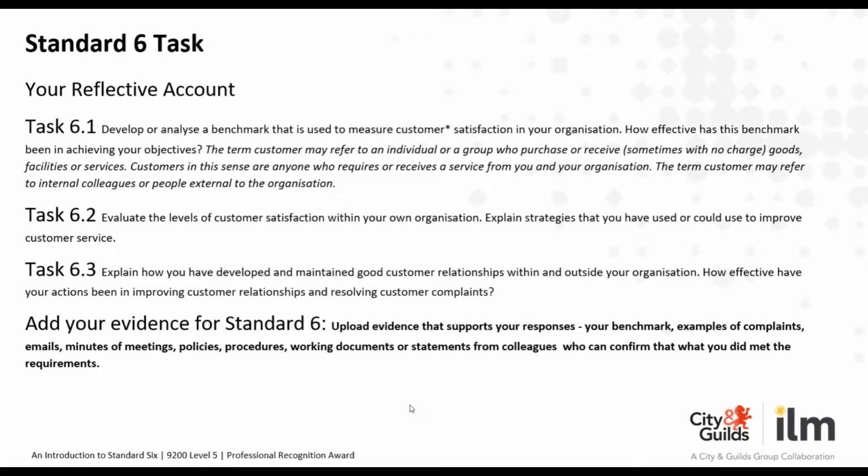It just depends on the kinds of customer complaints you may have had to deal with. And complaints can be large or small, can't they? But you do need to act to diffuse them, to resolve them, and as a result of them, improve those relationships with your customers. So don't forget key things with this. Your customers can be internal or external, and they may receive this service from you without paying for it. It's that very broad stakeholder type definition of the term customer.